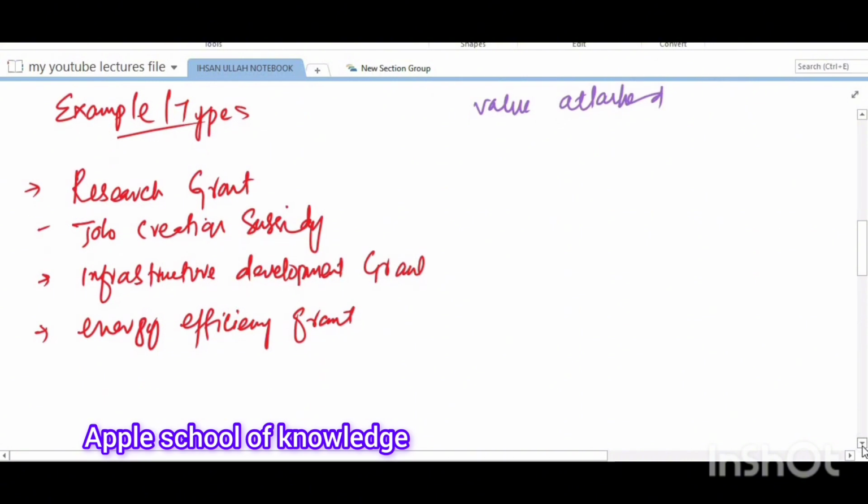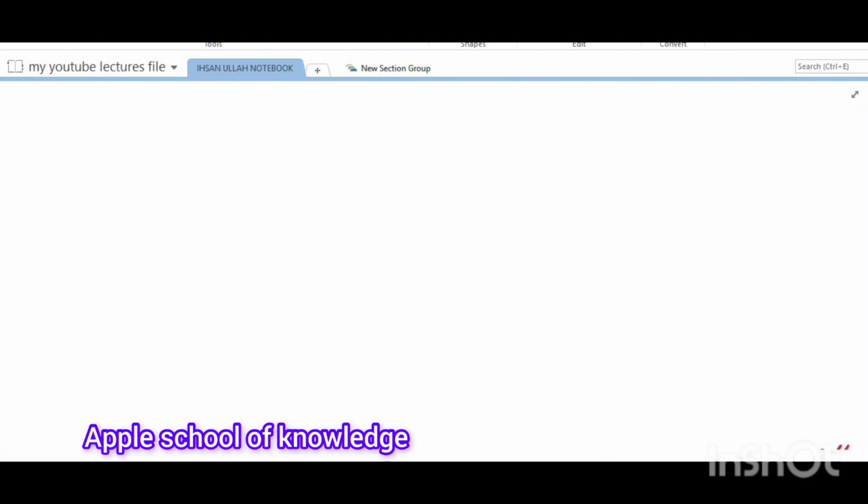Now let's move on. We have to discuss another important concept, which we call government assistance, which is different from that of a grant.